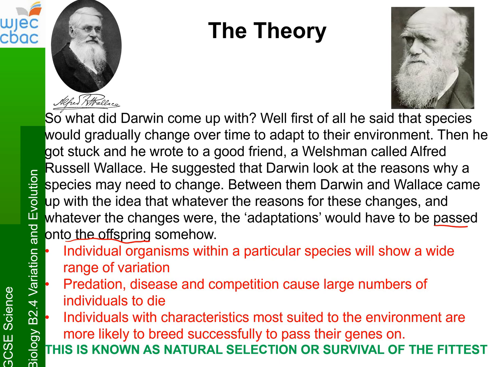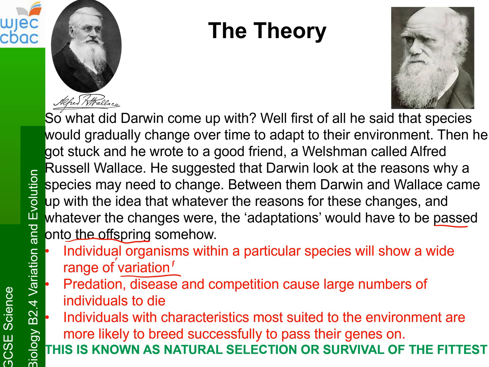So there's 3 bullet points, and this should be familiar to you by now, because we've been talking about VMA, SBG, for the last 2 lessons. That within an individual organism, within a species, there will be wide ranges of variation. So there's our first key word.